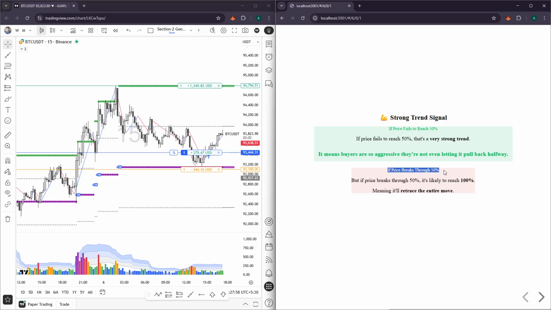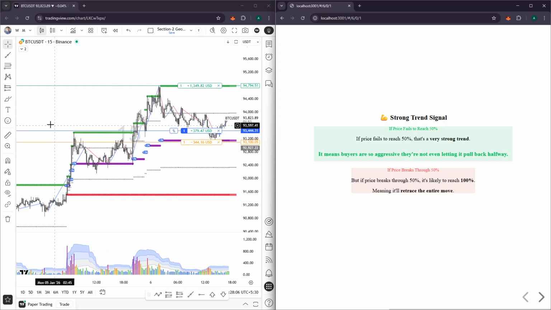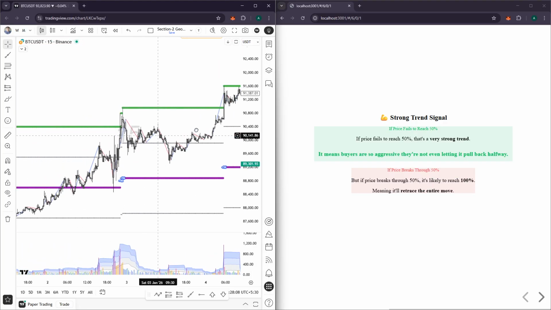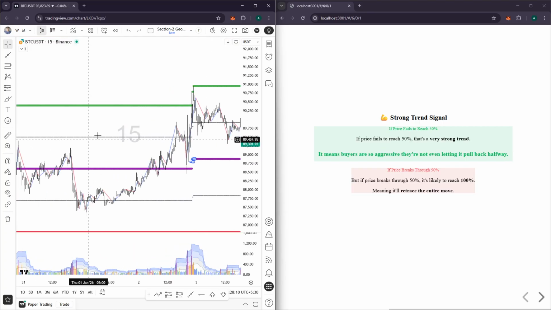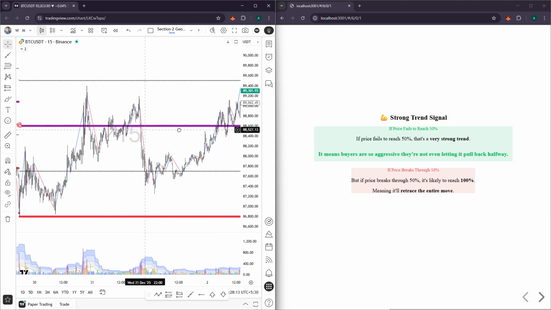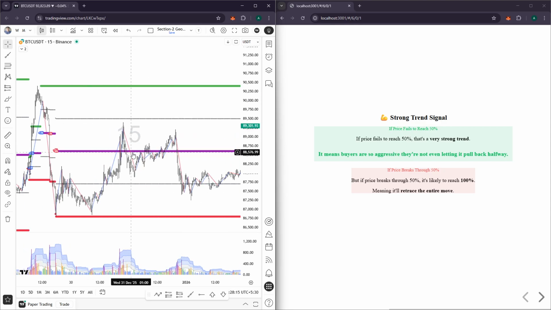If the price breaks through 50%, it's likely to reach 100%, meaning it will retrace the entire move. So it's below 50%, like this.